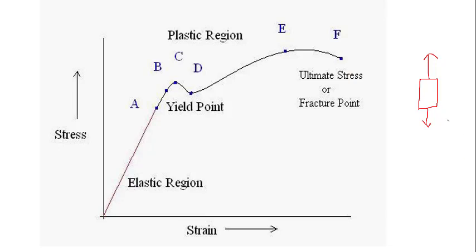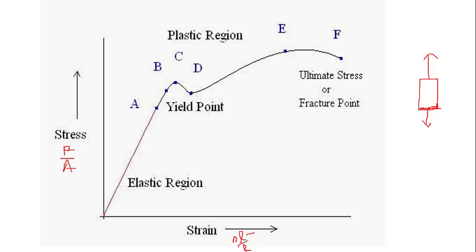Initially we apply a lower force, as stress is force upon area and strain is change in length upon L. As we apply the force, the delta L will change. We can measure the elongation of the object in the universal testing machine, and according to that we can get this type of graph.